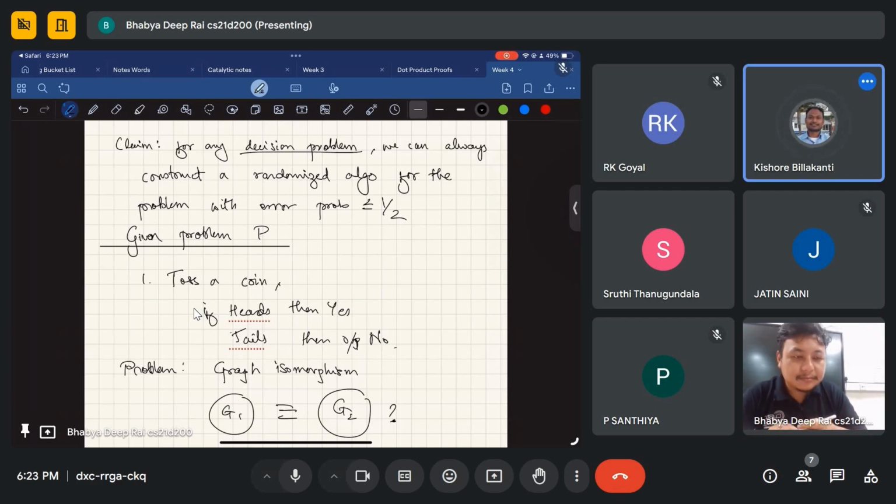See, of course, for a decision problem, fine. We think the probability of error is at most half. But what about other problems, other than a decision problem? Because as per the question, it hasn't said any decision problem, it just said given a problem.